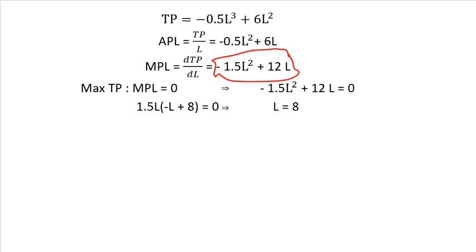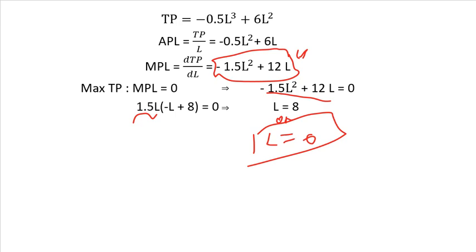Factoring this equation, we find 1.5 L times minus L plus 8 equals 0, which means either L equals 0 or L equals 8, and L equals 0 doesn't make sense in production.